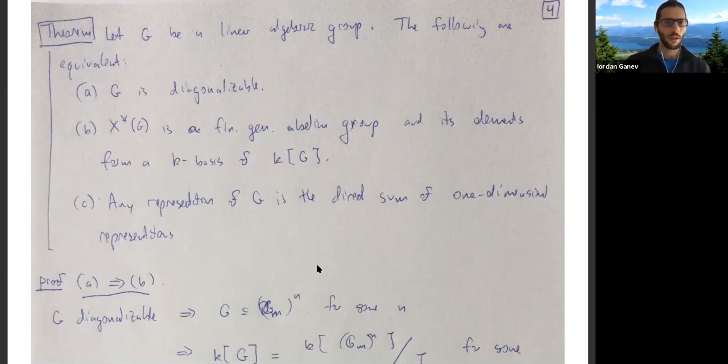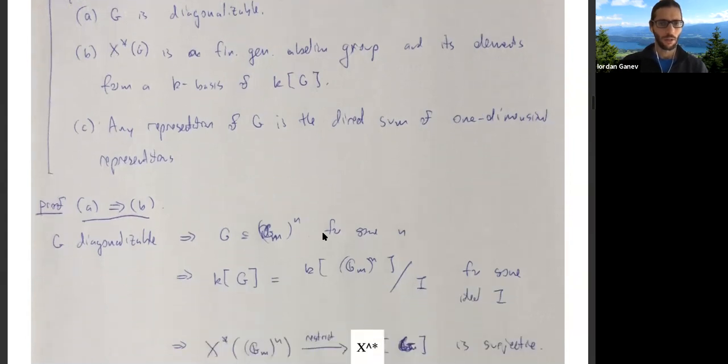As was pointed out, this result is similar to something you see in finite groups. If you have a finite abelian group and you're working over an algebraically closed field, any representation breaks down into irreducible representations, and each of those is one-dimensional. All right, so we had this result.